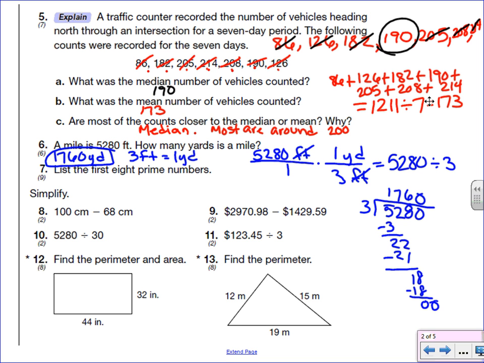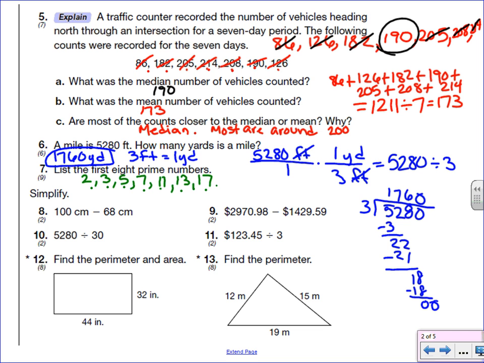List the first 8 prime numbers. Well, in the practice we listed the first 10, so if we look back at that, we have 2, 3, 5, 7. You'd think 9, but 9 can be broken down into 3 and 3, so that's a composite number. 11, 13, and then 17. 1, 2, 3, 4, 5, 6, 7.